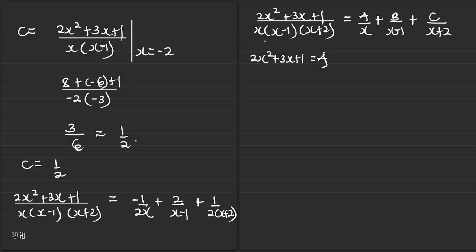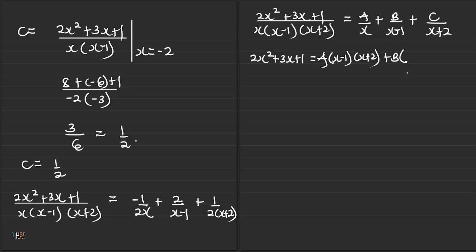Now, if we multiply this whole LCM by this fraction, the x just cancels out the x, and we'll be left with a into bracket x minus 1, x plus 2. Then plus b, also into bracket, it just cancels out the x minus 1.